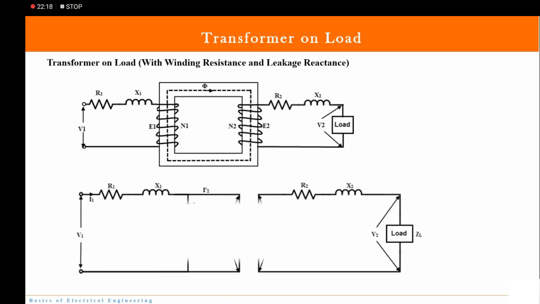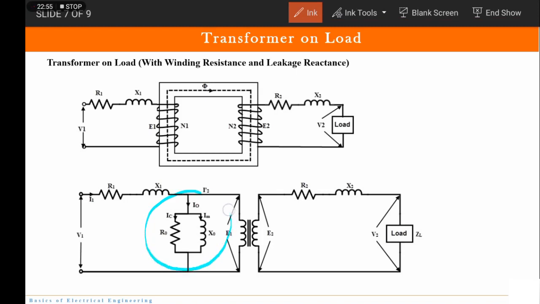This is how the circuit actually looks, but it is represented as an equivalent circuit, which we will discuss in the coming lectures. As of now, you can remember that this is how the circuit looks. It has many components: R1, X1 towards the primary, R2, X2 towards the secondary. X1, X2 represent leakage reactance, and R1, R2 represent winding resistance.